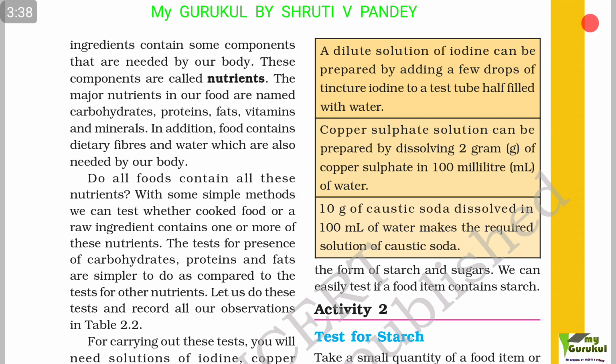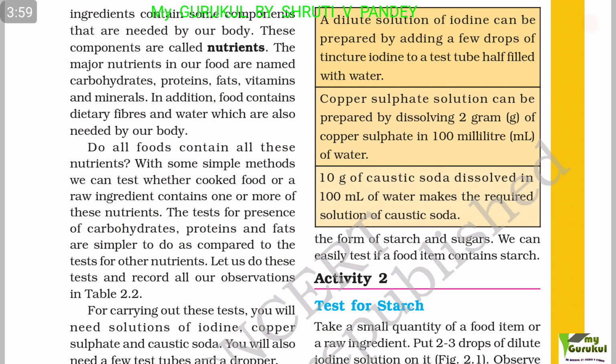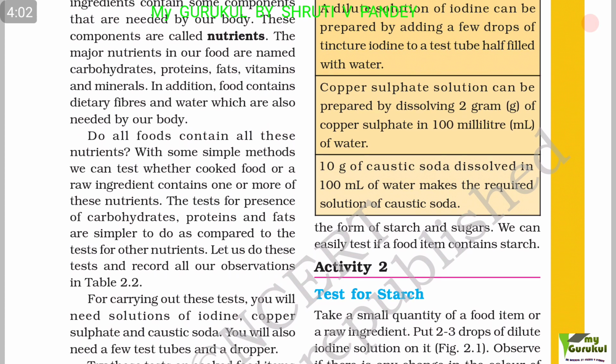With some simple methods, we can test whether cooked food or a raw ingredient contains one or more of these nutrients. The tests for the presence of carbohydrate, protein and fats are simpler to do as compared to the tests for the other nutrients. Let us do these tests and record all your observations in table 2.2.